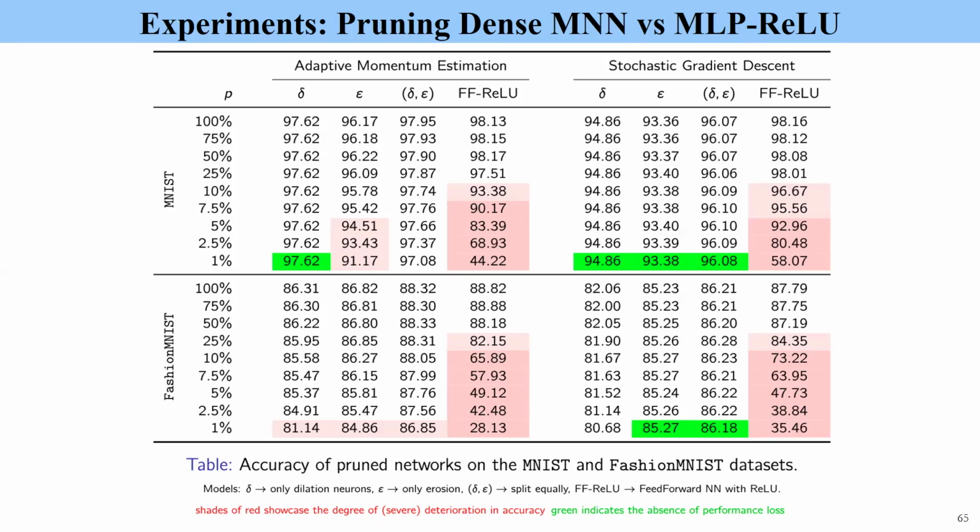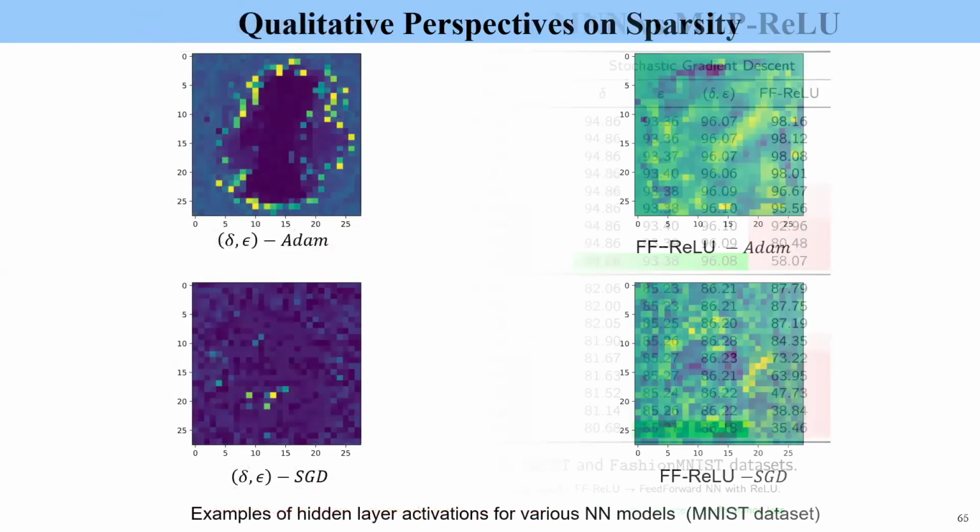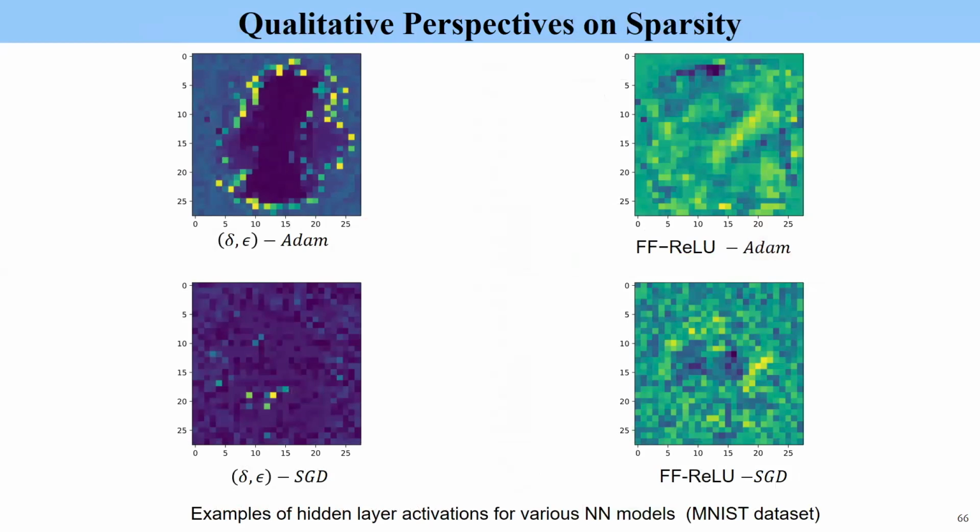So the result here was that these nonlinear perceptrons, either dilation or erosion, or their convex combination, showed much greater resistance to pruning without losing much accuracy, compared to the traditional neural nets for these traditional databases like NIST and Fashion NIST.